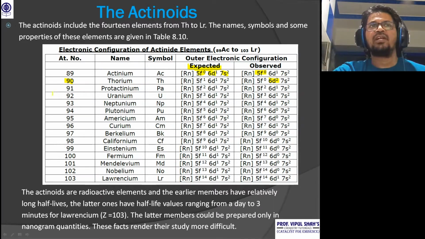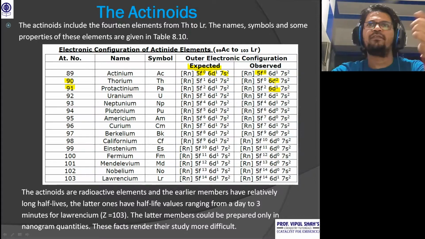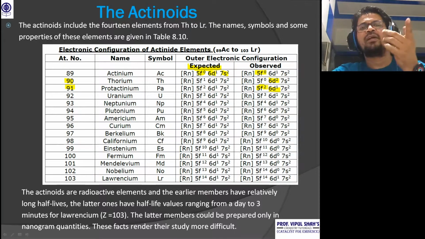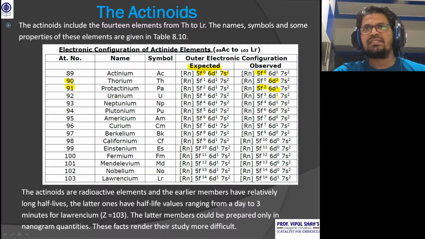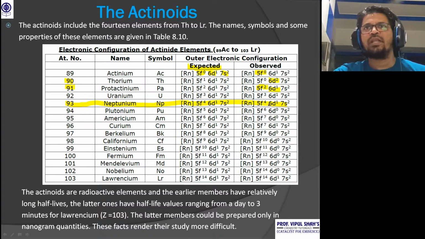And when we start with protactinium, is this clear? That is Pa. It starts back, 6d1 comes, and 1 electron from the 6d2 goes back to 5f, and the new electron that enters also goes into 5f. So straight away it becomes 5f2, and this 6d1, if you observe, people, is retained till neptunium. So till neptunium it retains the 6d1 electron.